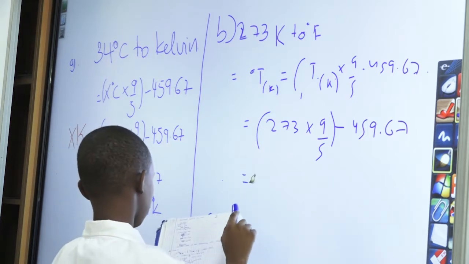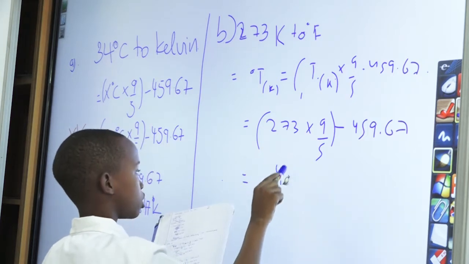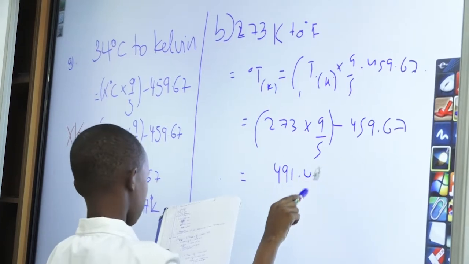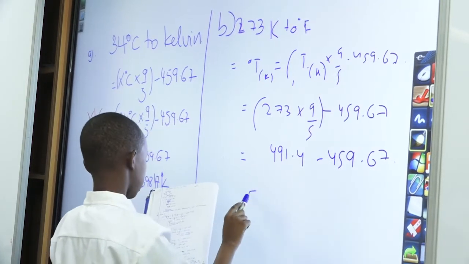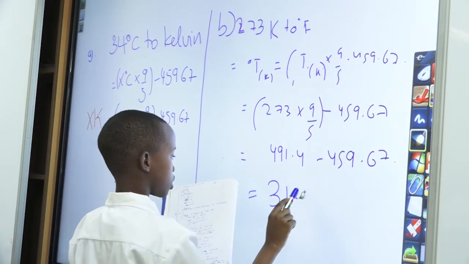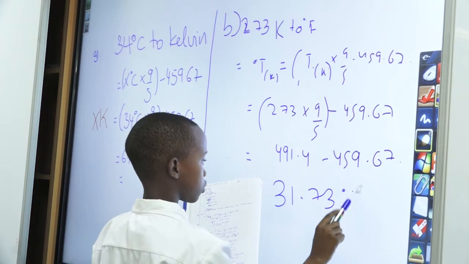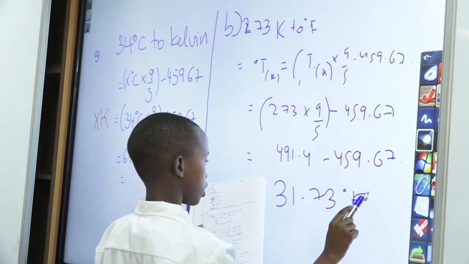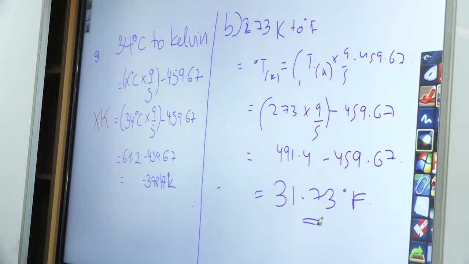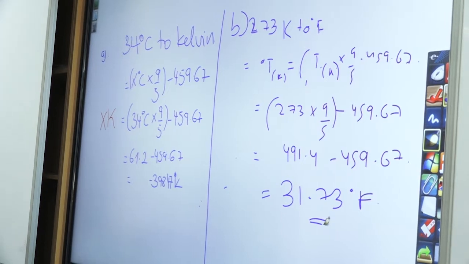So this is equal to 491.4 minus 459.67. So this is equal to 31.73 degrees Fahrenheit. There we have two questions, which was the homework.